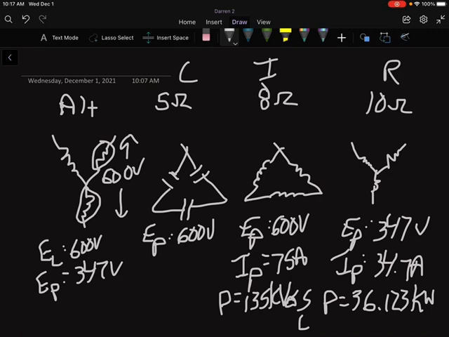Now let's do our capacitive value, and we want to find current first. So our I phase is equal to 600 volts divided by 5 ohms. 600 divided by 5 is 120, so that's 120 amps.